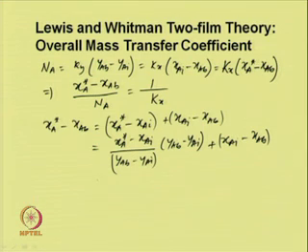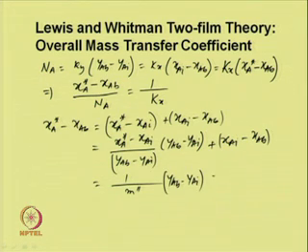So, this is 1 by m double dash, and this will be into y a b minus y a I plus x a I minus x a b.